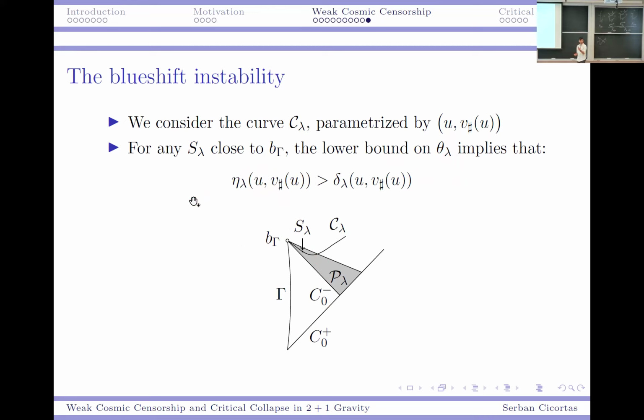Eta was some kind of measurement of the energy contained in an annular region, and precisely blue shift instability will tell me that this quantity is large as well. And you can choose everything in a way that this quantity will be larger than the size of the region. So again, the idea is that by the time I get here, the blue shift instability made my eta larger than the size of this tiny, tiny region.